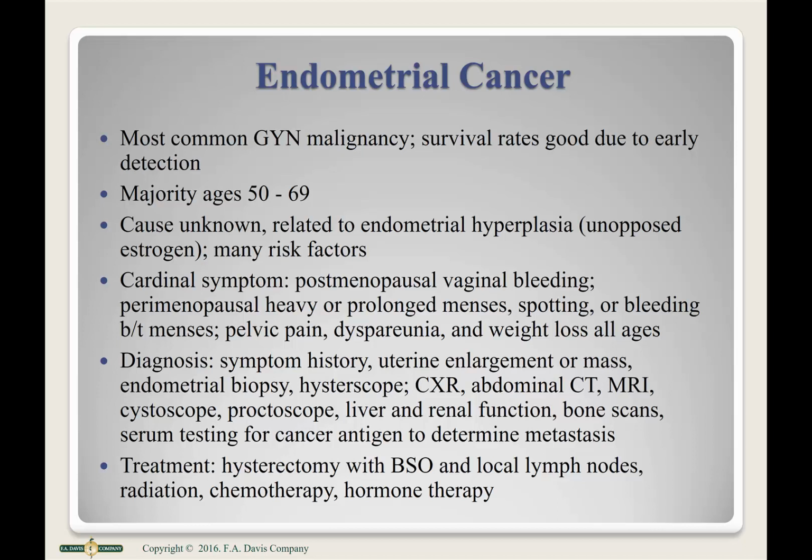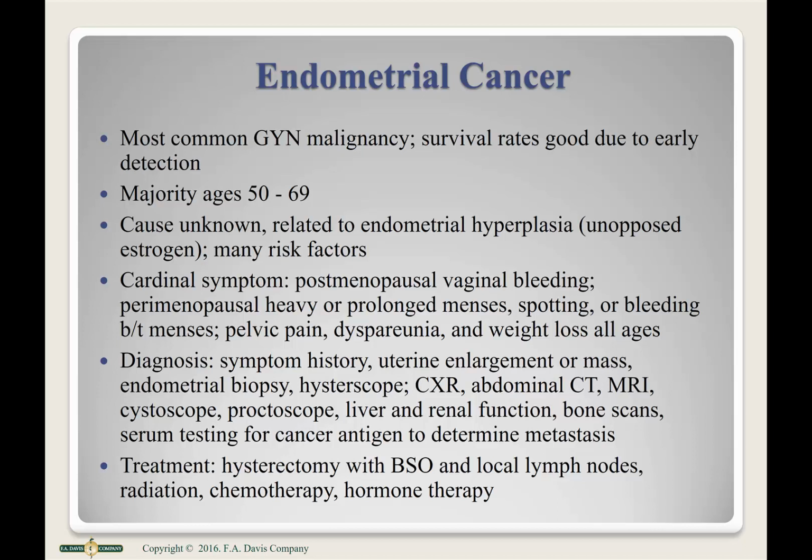So if she starts having bleeding, then that's a concern. Perimenopausal means that she is starting to go into the menopausal years, so her bleeding can be very irregular at that point, but if it is heavy or prolonged, then that's a concern.